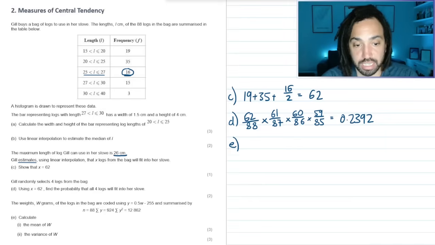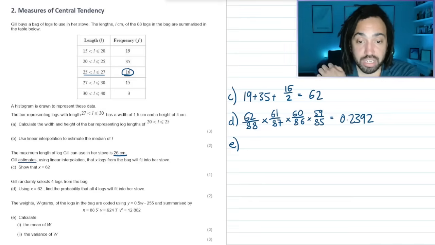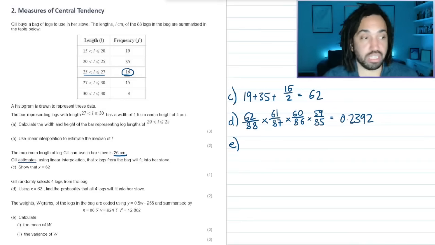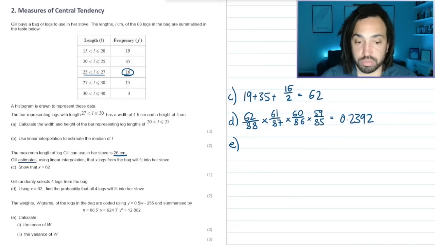Okay, part E. It says that the weights of the logs in the bag are coded using this code y is equal to 0.5(w minus 255), and summarized by all of these y values. Calculate the mean of w.